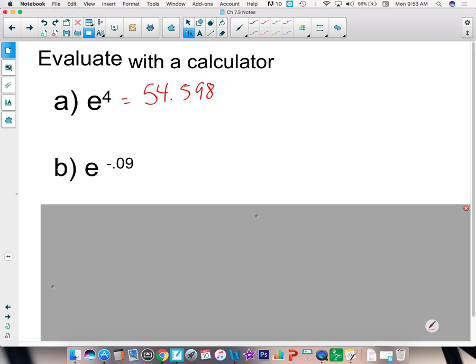If it's not specified how many decimal places to go to, just go to your third decimal place. And e to the x, negative 0.09, gives us 0.914. Using your calculator with this is pretty easy. Now, it's not always going to be easy with just your calculator. It could be a little bit more than that.